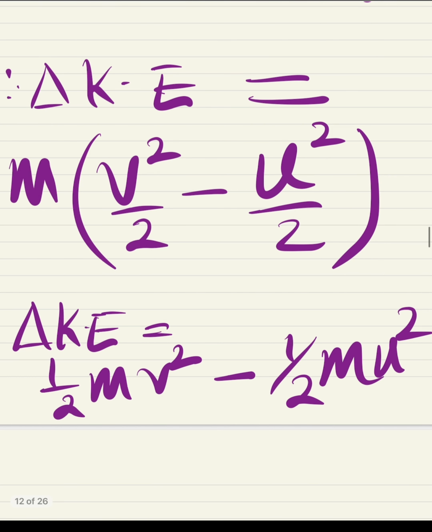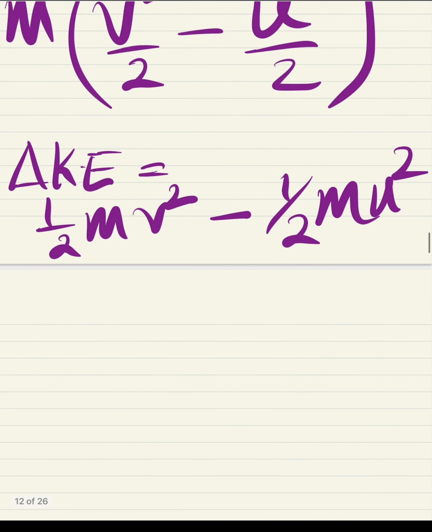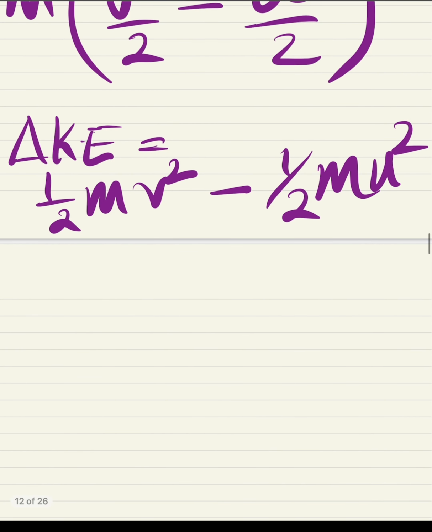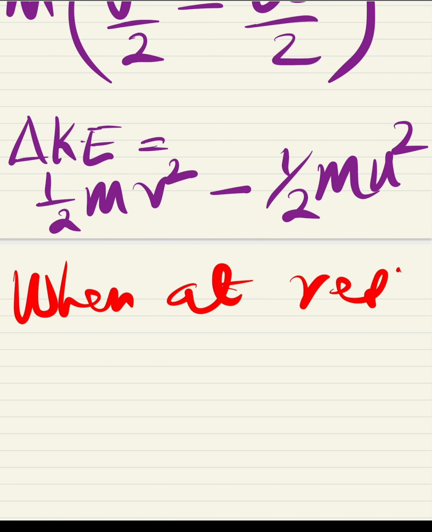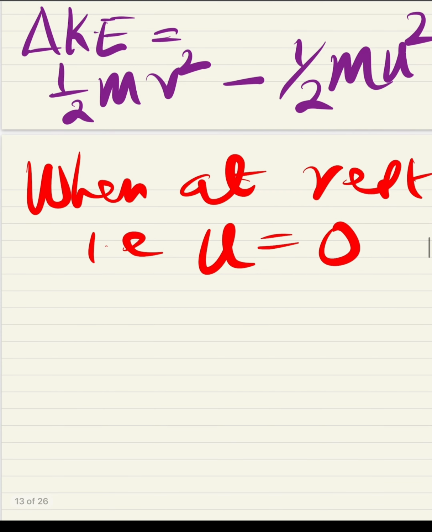So the m comes in, and you know what we said, that the kinetic energy of a body at rest is 0. So when the body starts at rest, you say u is equal to 0. If u is 0, you can substitute that 0 into this place.